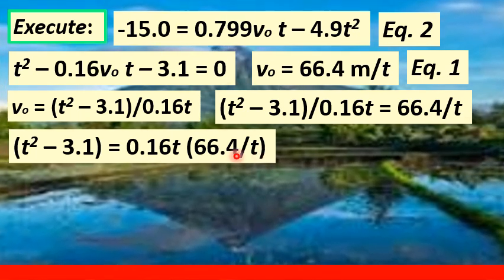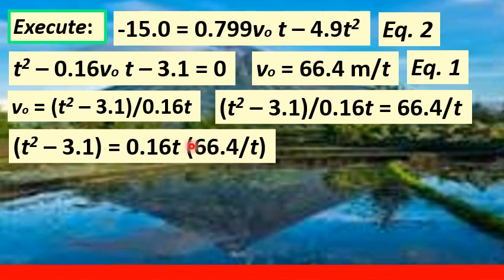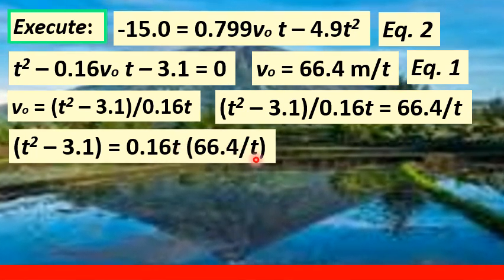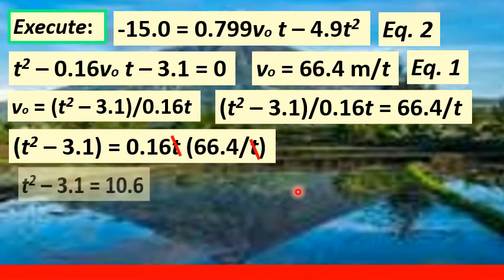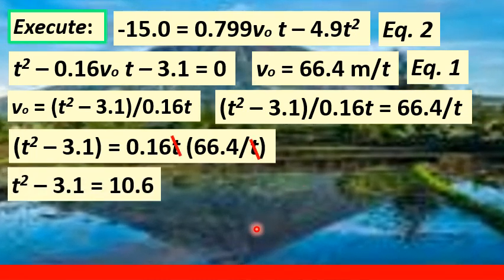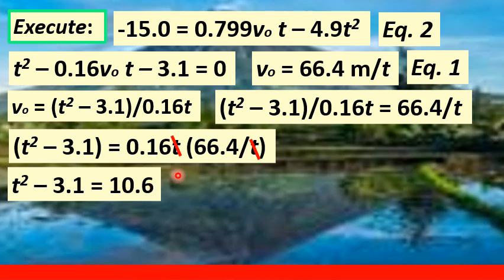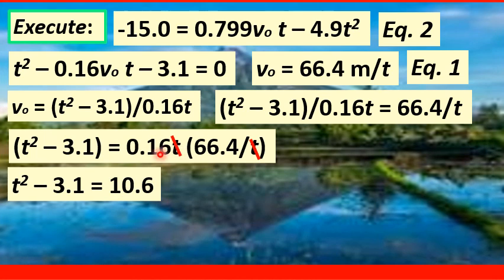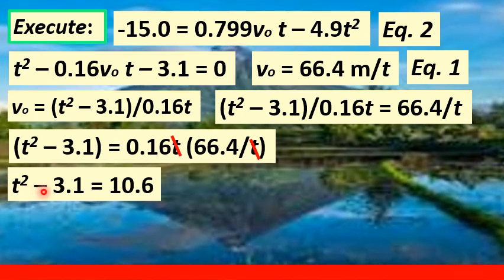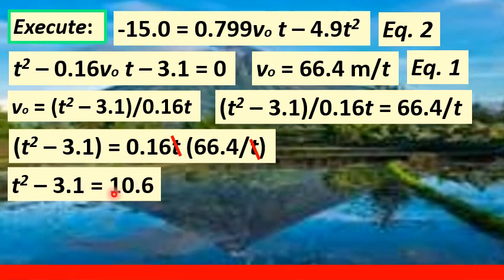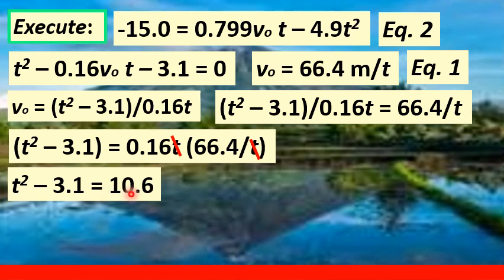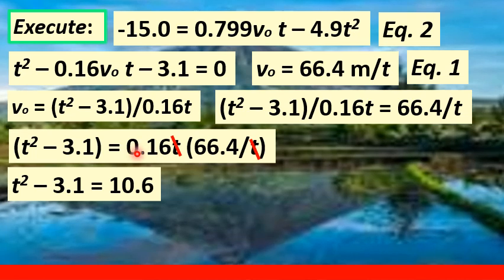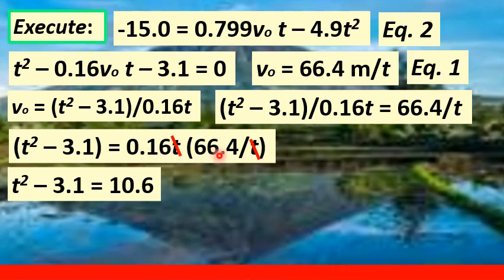And obviously, the variable t, small t, cancels out, and we will have this reduced equation. t squared minus 3.1 equals 10.6. 10.6 is the result of multiplying 0.16 by 66.4.